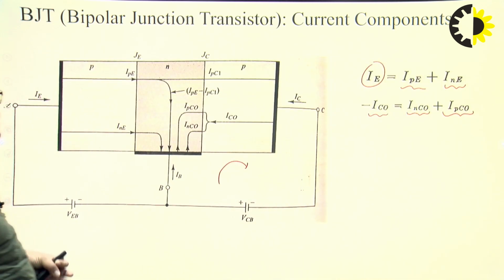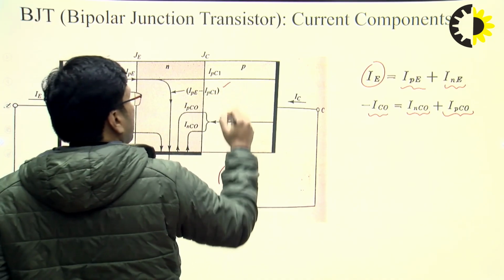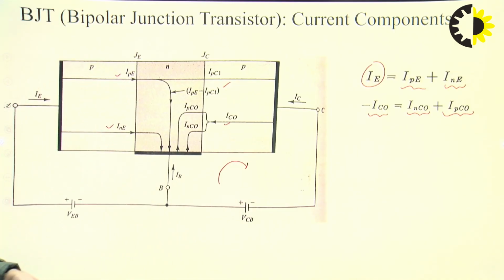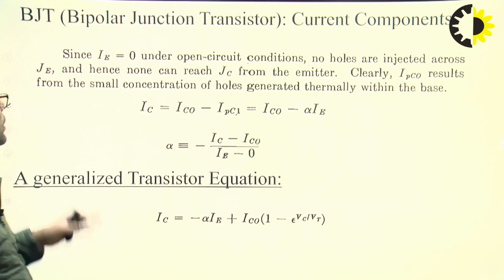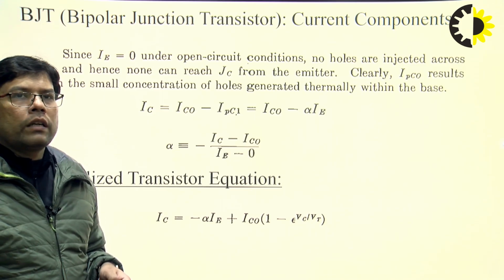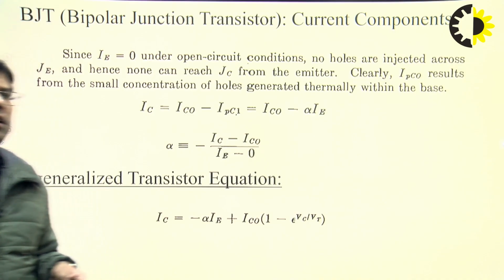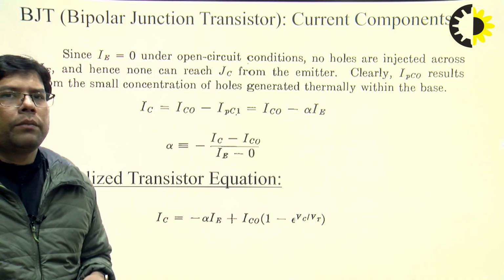So we can say there are four components of current: 1, 2, 3 and 4. These four components are required to understand, and this is the case when IE is equal to 0, operating under open circuit condition, no holes are injected across JE, and hence none can reach JC from the emitter.